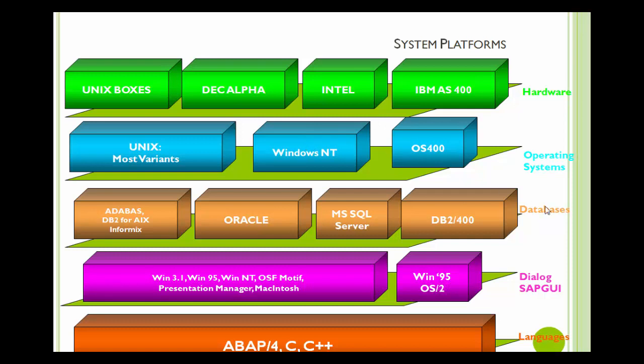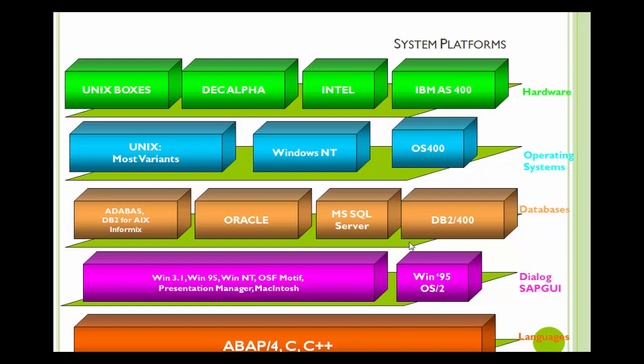That is what R3 is: an open system. It can support any database, any operating system, any network protocol, TCP/IP or internet protocol, everything. That's what R3 is, an open system.